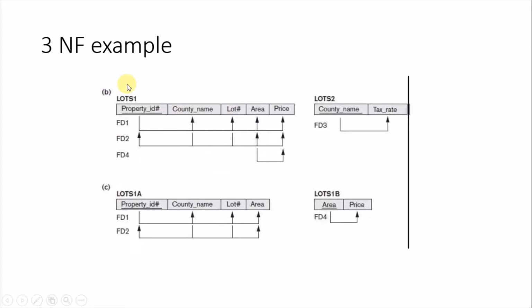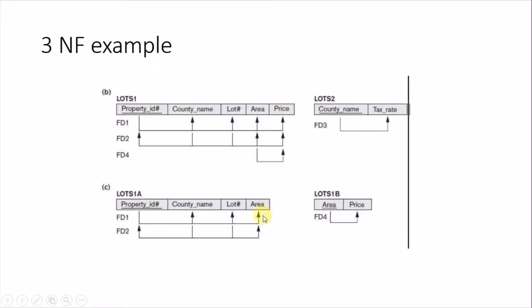So we lose the functional dependency from property id number to price, or county name and lot number to price. That functional dependency will be lost, but still we have a relation which is in third normal form.